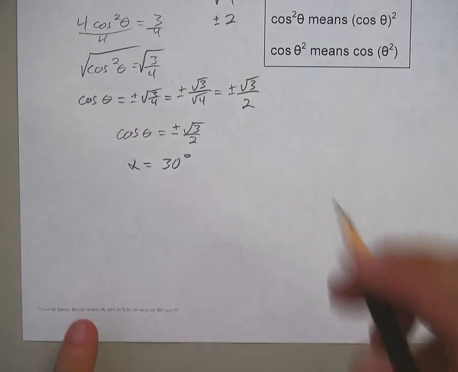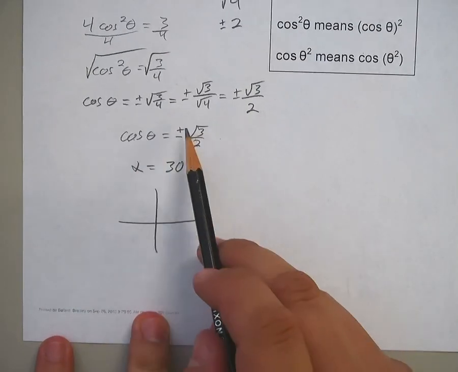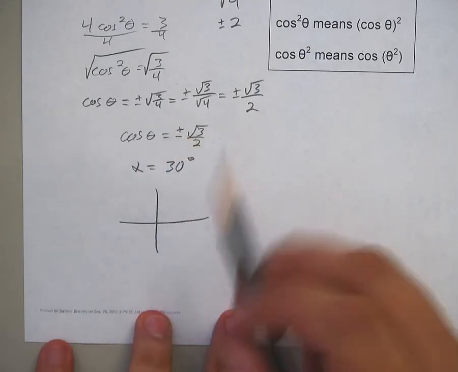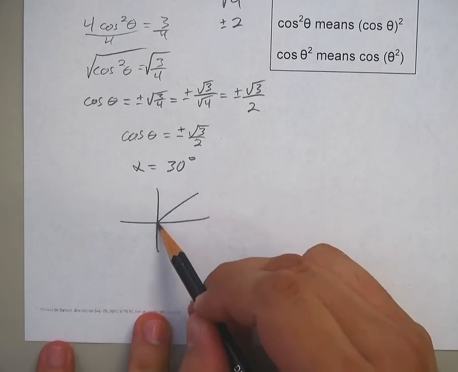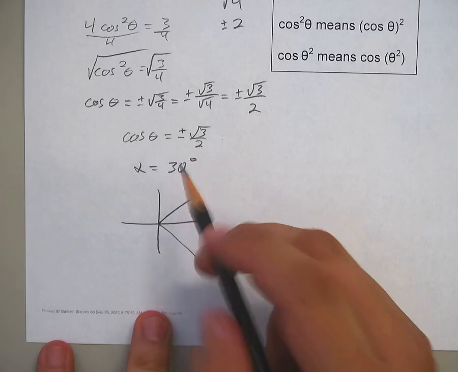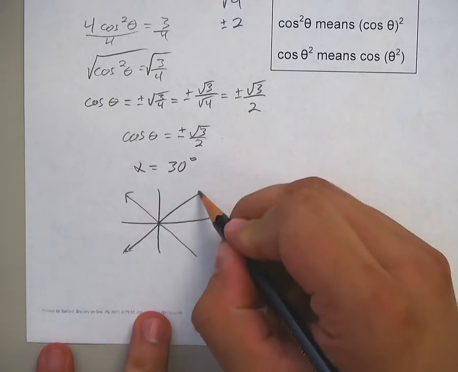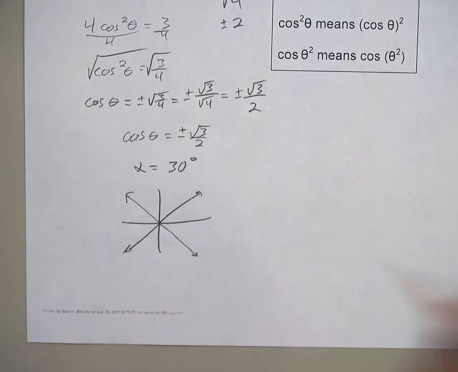Now the big question, where oh where is cosine positive? Positive here, positive here. But where's cosine negative? How about here and here? So I'm telling you that this is telling me I've got 4 answers.